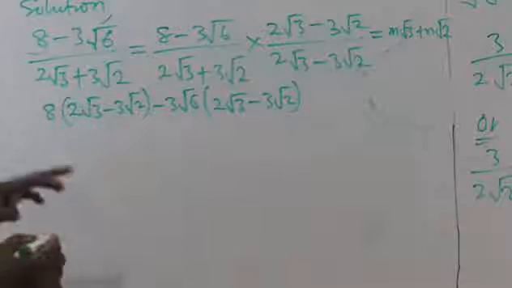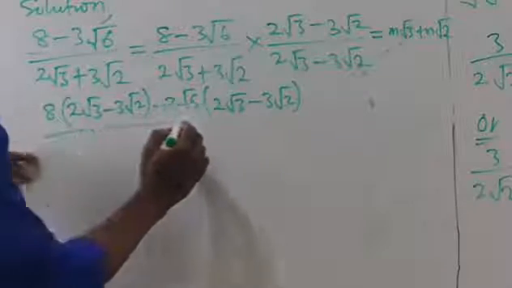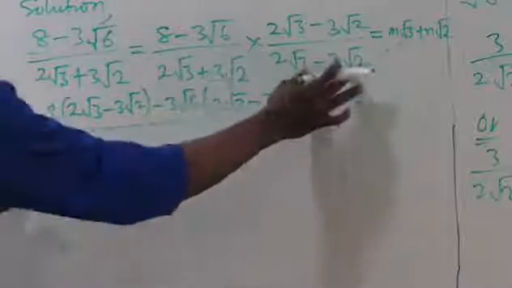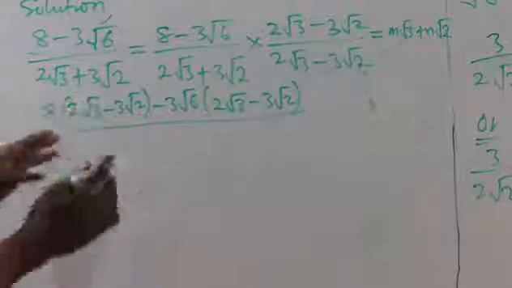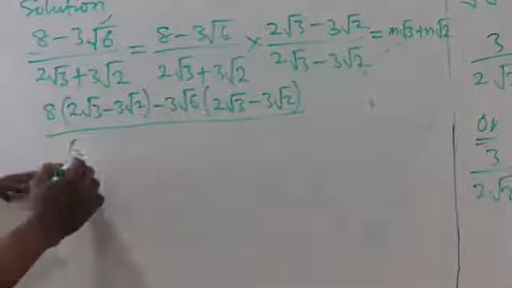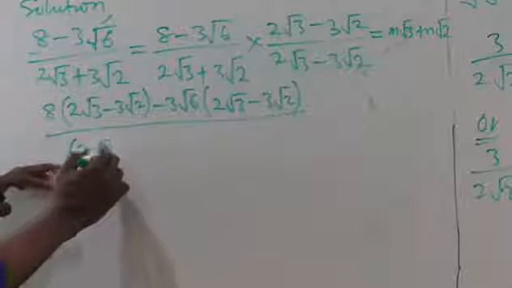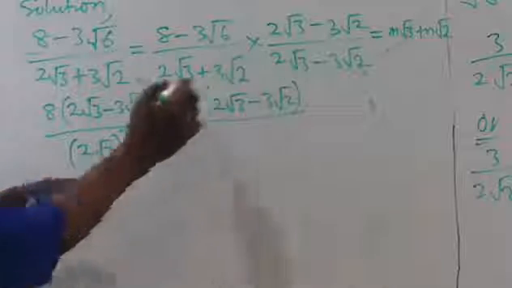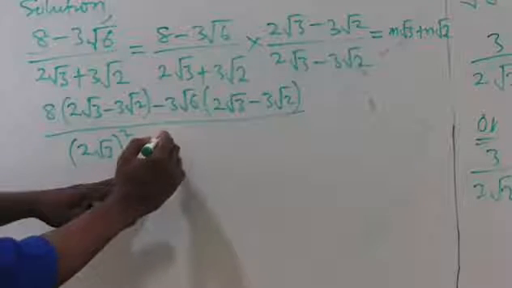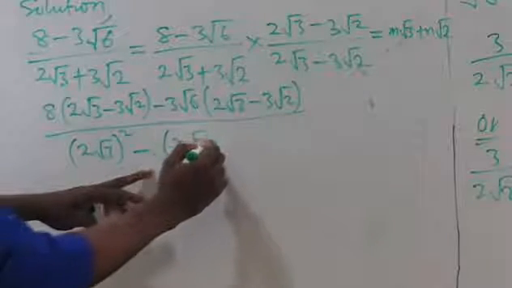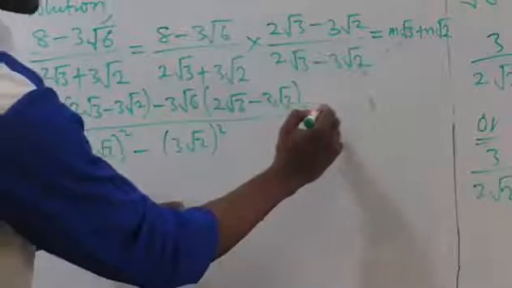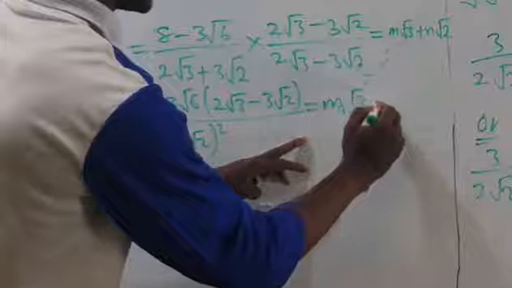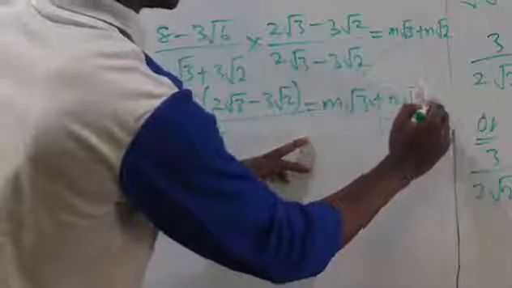So that's all for the numerator. Then all over the denominator, that is surd and its conjugate. So using the rule of surd and its conjugate, we are going to have 2 root 3 all squared, then minus 3 root 2 all squared, equals m root 3 plus n root 2.